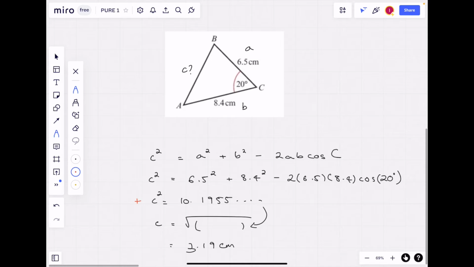Now, from here to here, you want to use every single number in the decimal. If at any point you round, then you end up with a wrong answer here, because you're going to have a few decimals that are off.